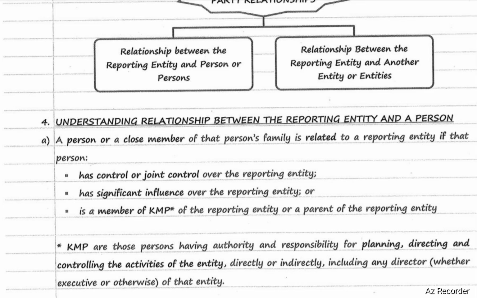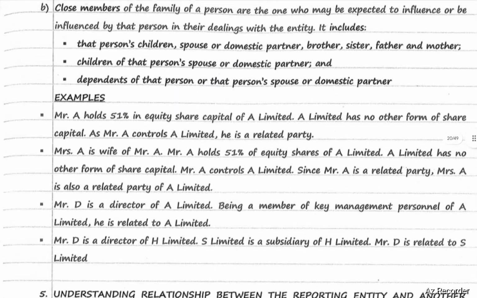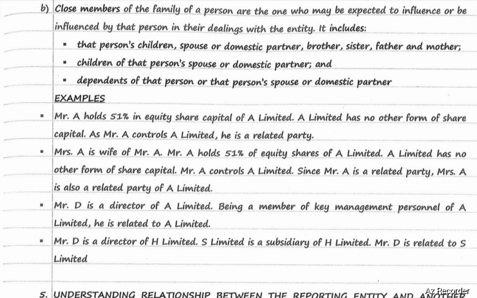KMPs, key managerial personnel, are those persons having authority and responsibility for planning, directing, and controlling the activities of the entity directly or indirectly, including a director, whether executive or otherwise, of that entity. Close members of the family of a person are the ones who may be expected to influence or be influenced by that person in their dealings with the entity.